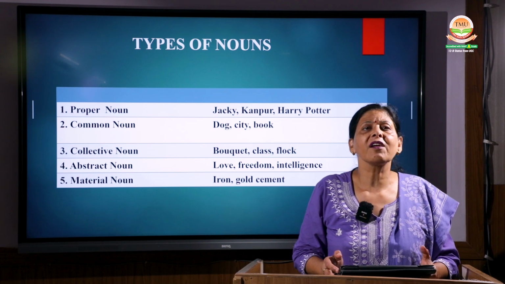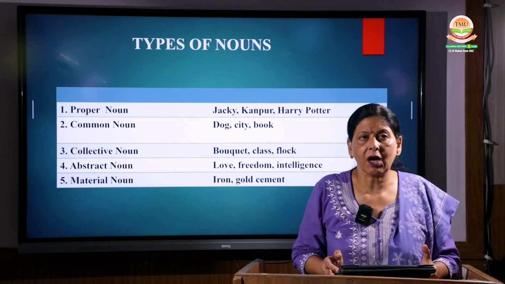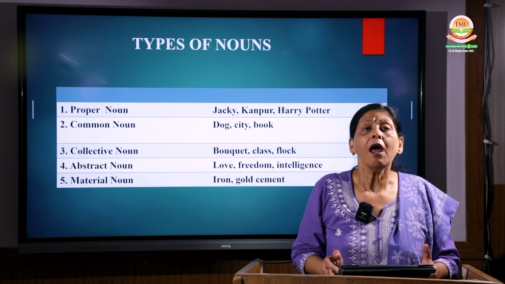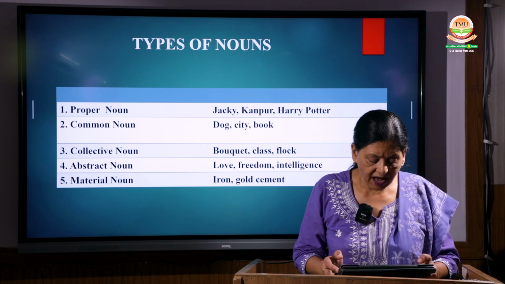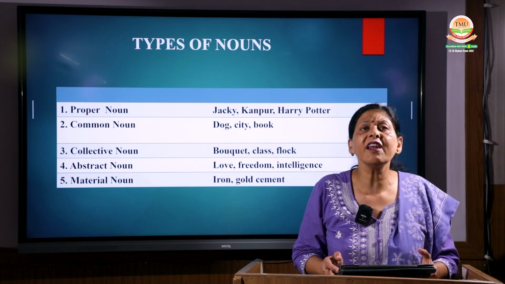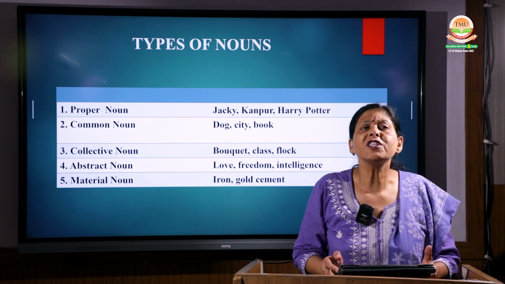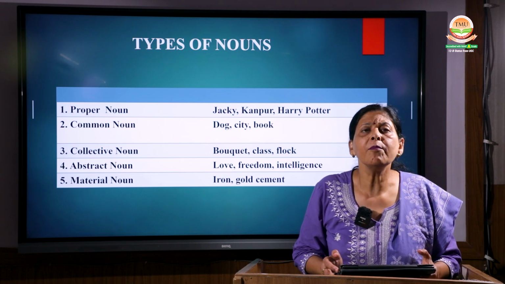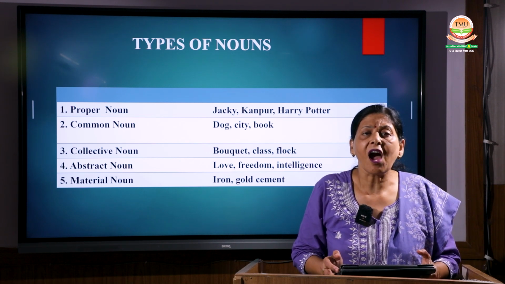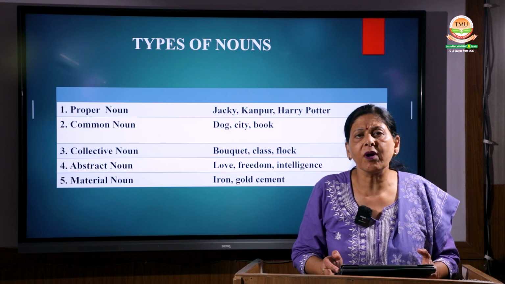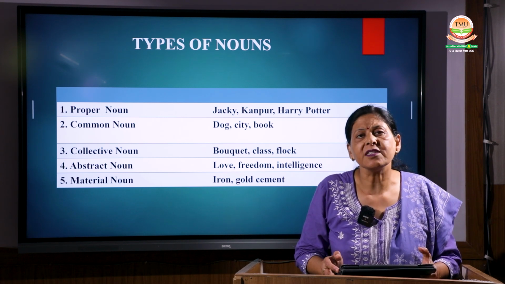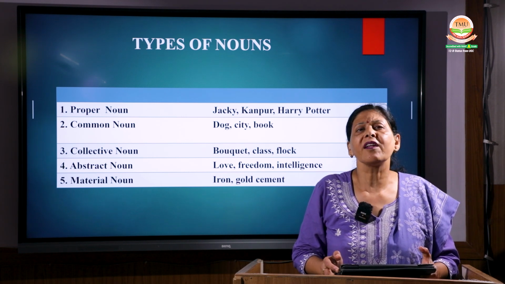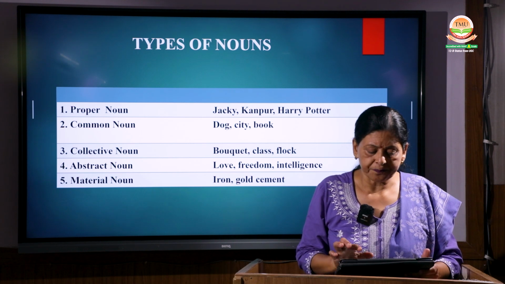All these come under the category of abstract noun. Then the last one is material noun. Material noun is the noun which, as the name shows, talks about any material, it can be iron, copper, gold or cement, wood. All these come under the category of material noun.